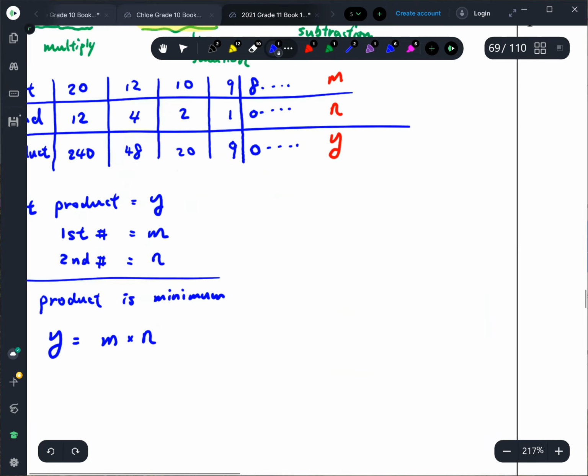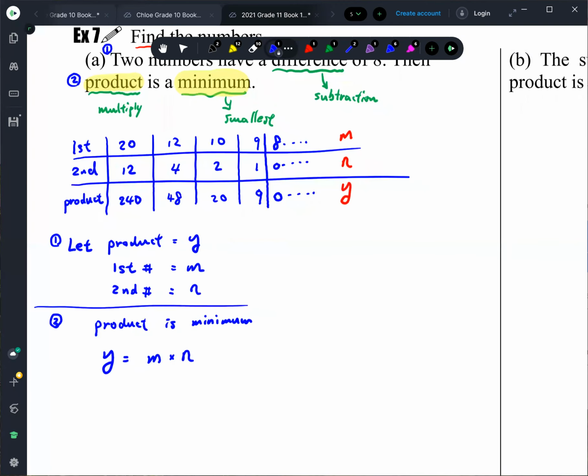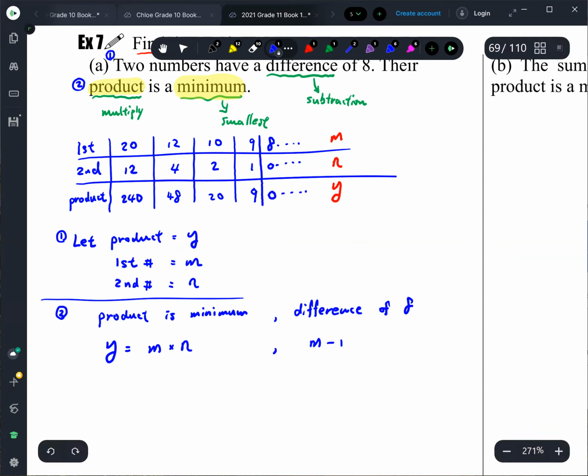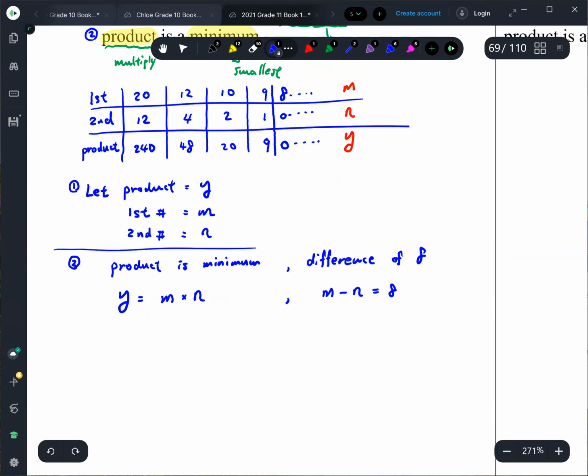So the other information is the two numbers have a difference of 8. From that sentence, we can write m minus n has to be 8. Does that make sense so far?